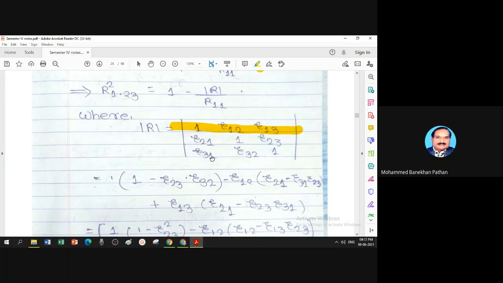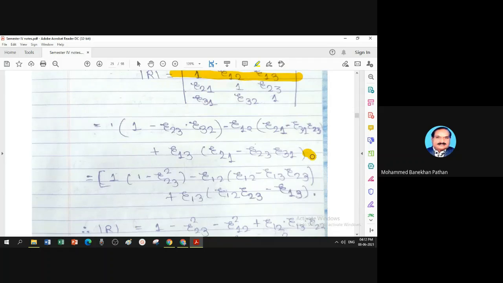The remaining cofactor is taken as a determinant: R21 minus this product. Then plus the third element, dropping the corresponding column and corresponding row. The remaining is a cofactor, and the product of this minus this is there. So this is your determinant of R.